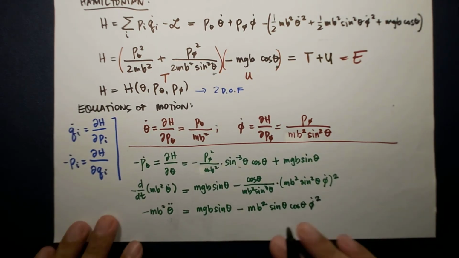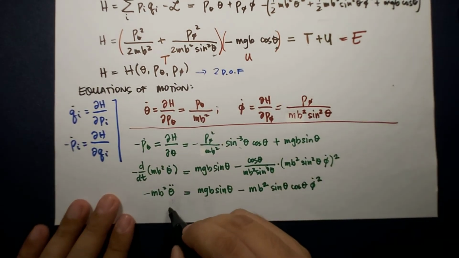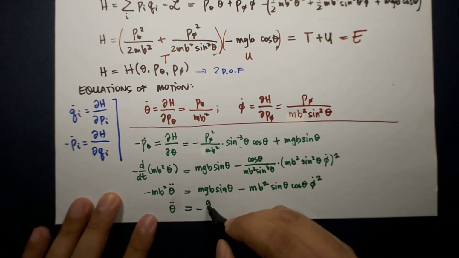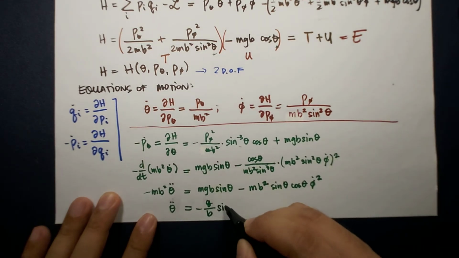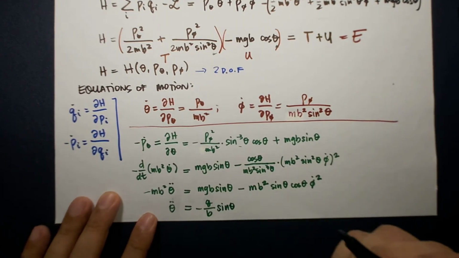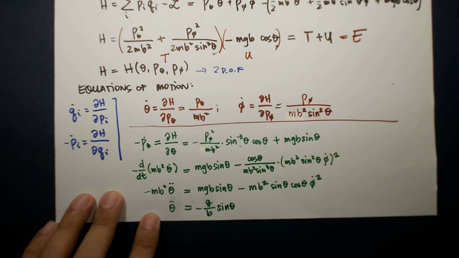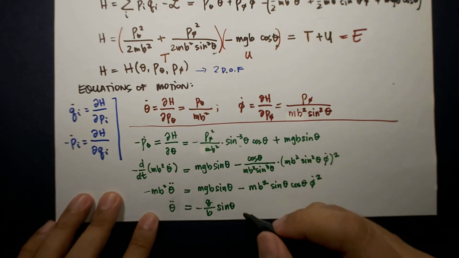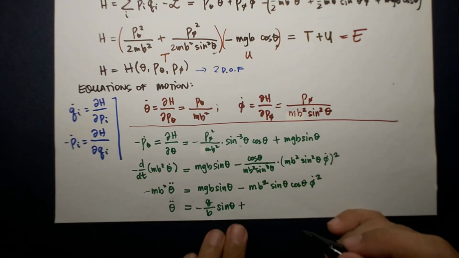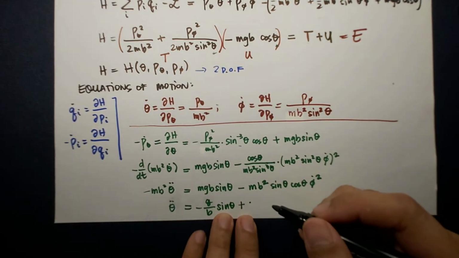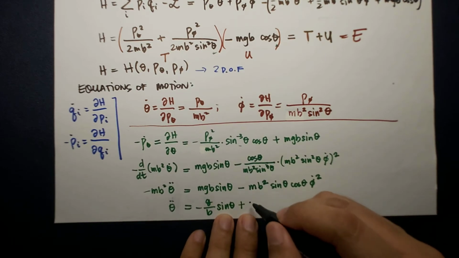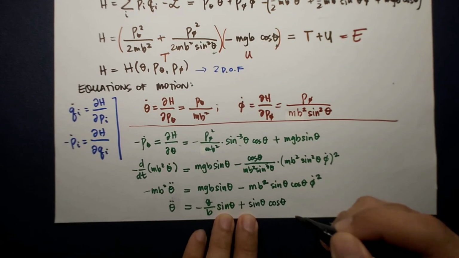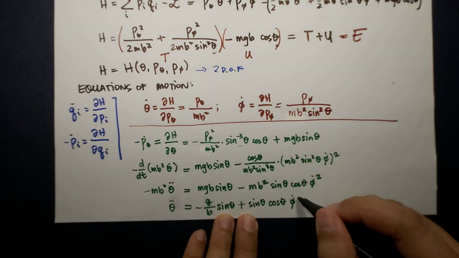So therefore, the equation of motion becomes theta double dot equals negative g over b sine theta plus sine theta cosine theta phi dot squared.